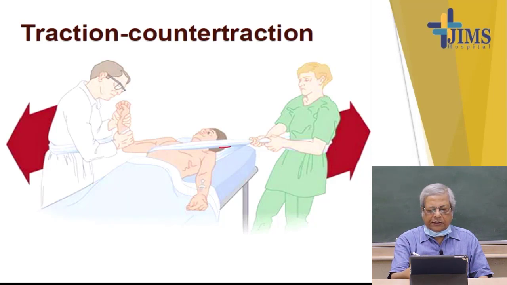She pulls the scapula towards her side, and this is counter traction, and this is the traction. When the head gets dislodged from its dislocated position, then by some maneuvers, it goes back to the shoulder joint itself, that is, the glenoid.